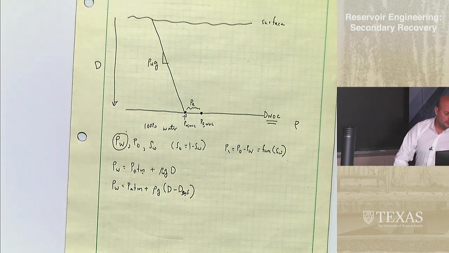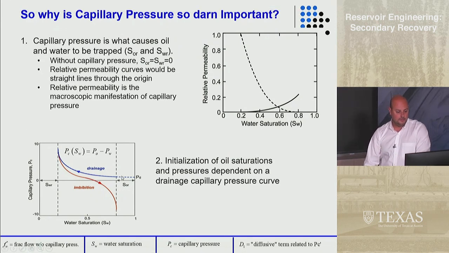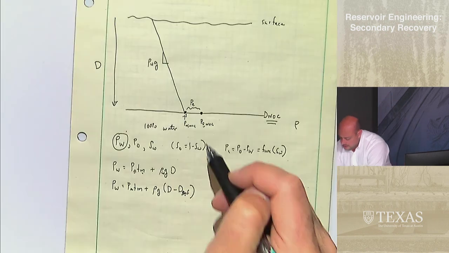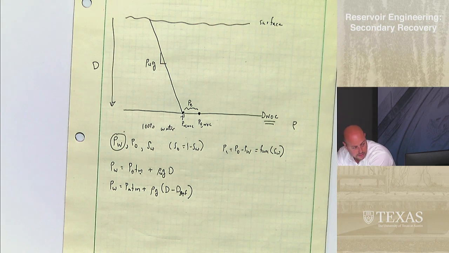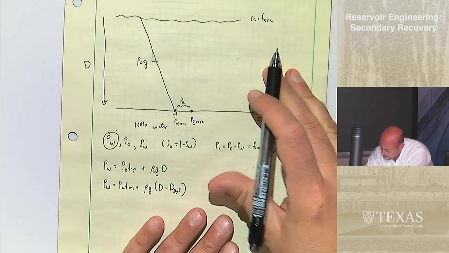That was on our slide over here. It's this value right over here. This PD or PE, capillary entry pressure, is the minimum amount of pressure that you need for the non-wetting phase to invade the reservoir. So you need this difference in pressure for the oil to get there, and that's why right at the water-oil contact line that's the case.